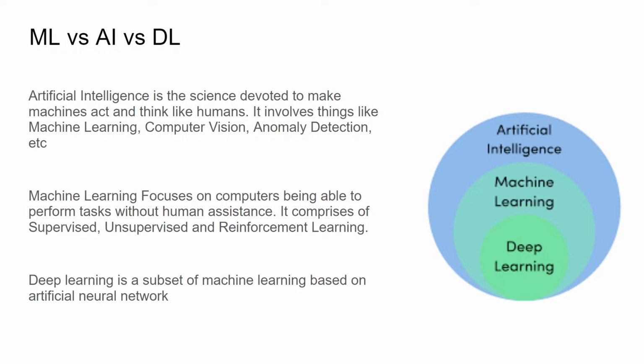AI existed even before the ML and DL era, where people tried to think about how you can make machines smart and do our work for us, which is boring for us. And machine learning is a subset of that.